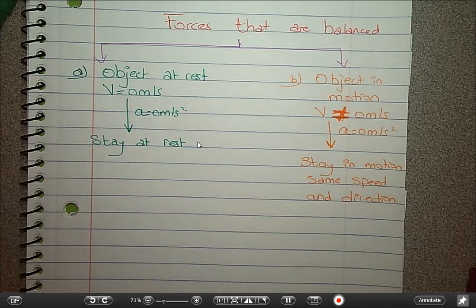So first you were really just going at a constant speed. That's Newton's first law of motion. And that's because there was no change in velocity.